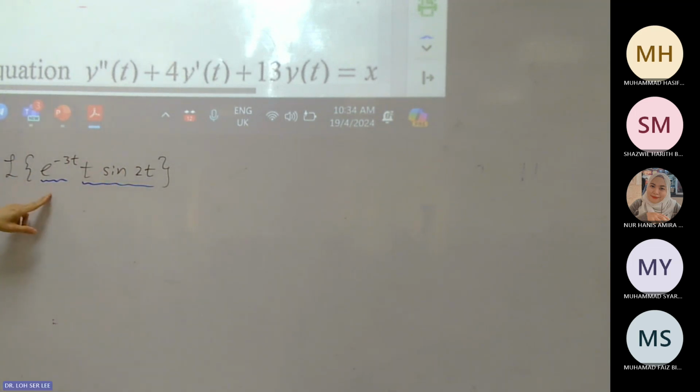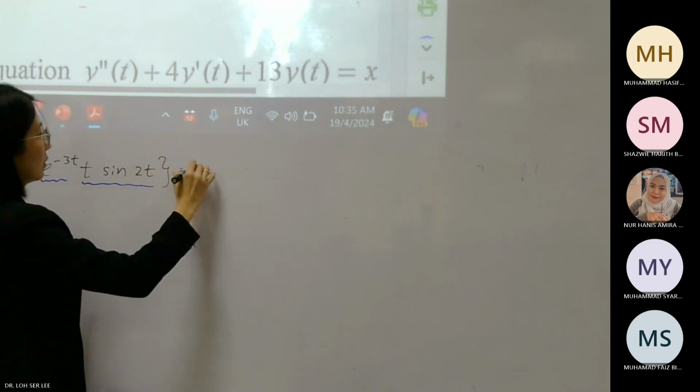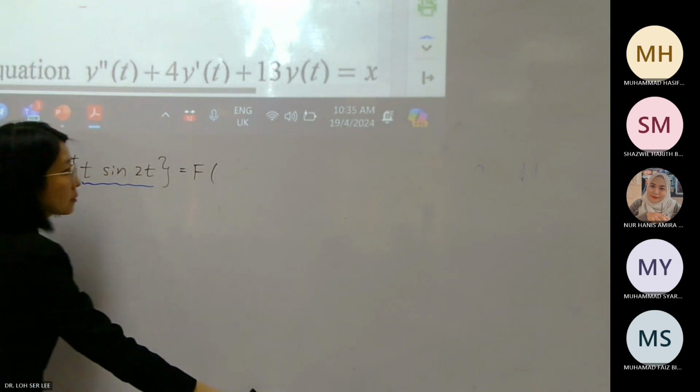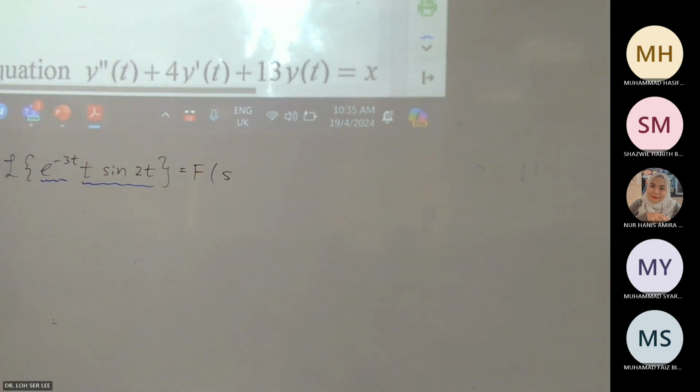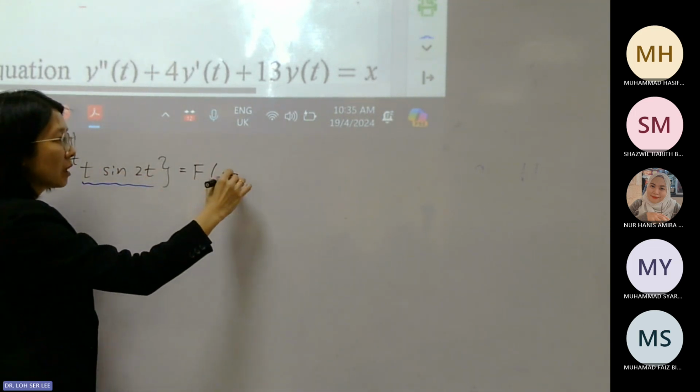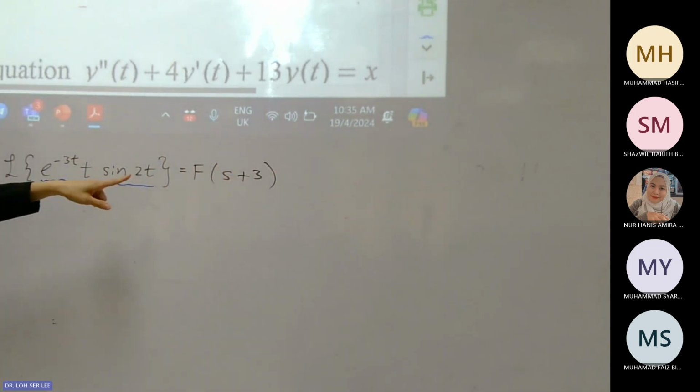With the first translation, this will equal F(s minus a). What is your a? Negative 3. So s minus a will be s plus 3.